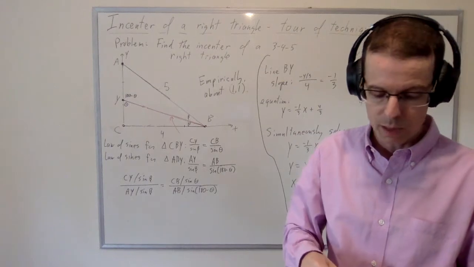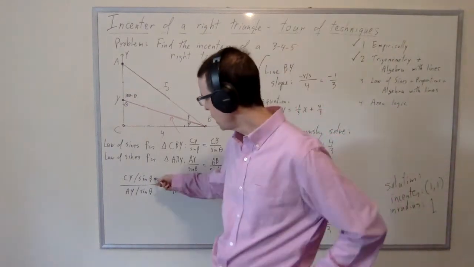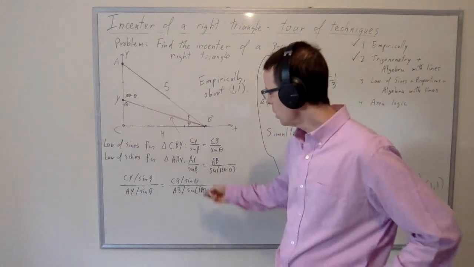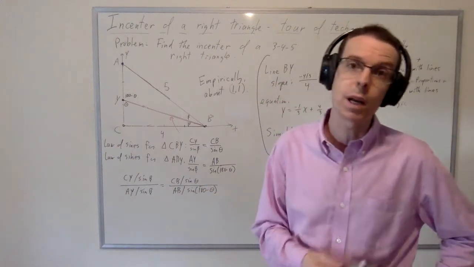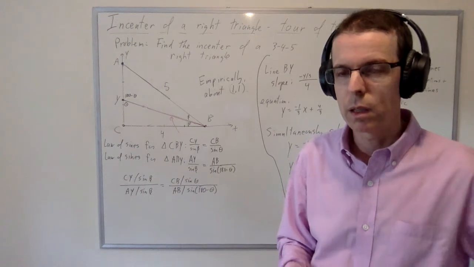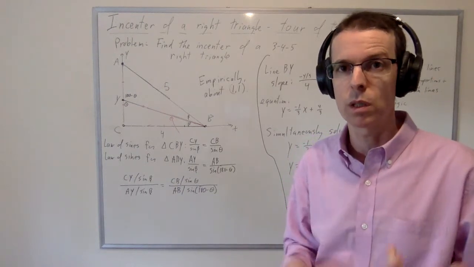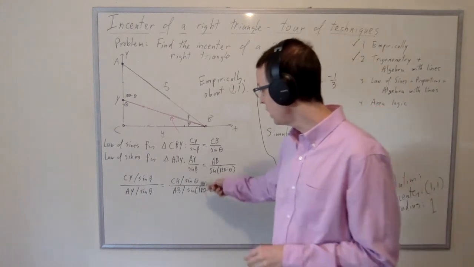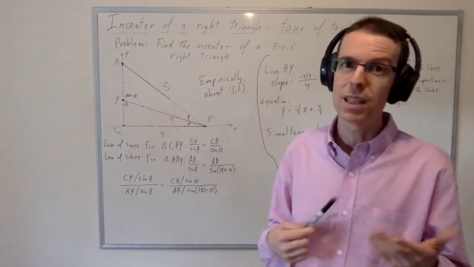Some obvious, some not so obvious. First of all, we've got a sine beta here and a sine beta here, and they will cancel each other. But here, we have a sine theta and a sine 180 minus theta. And the function sine has this symmetry that sine 180 minus an angle is equal to sine of that angle. And so sine theta and sine 180 minus theta have to be the same thing.